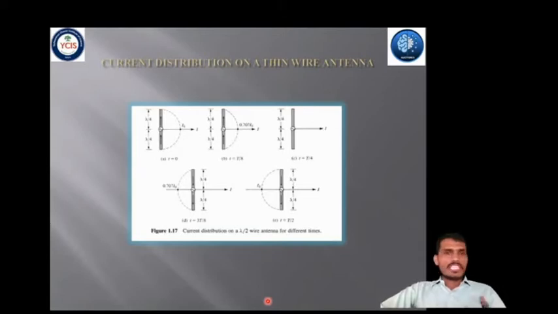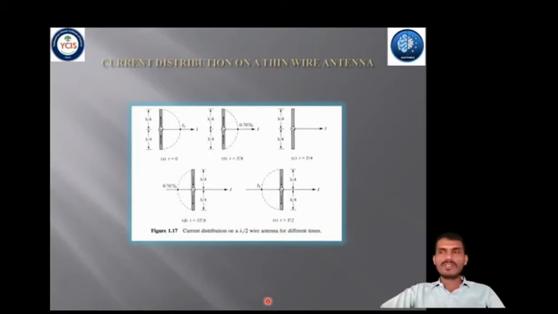Now the history of antennas dates back to Maxwell, who unified the theories of electricity and magnetism and represented their relations through a set of profound equations best known as Maxwell's equations.